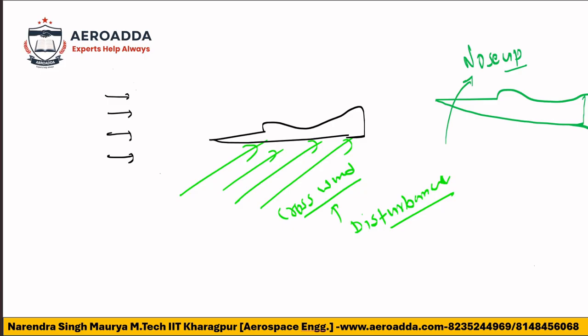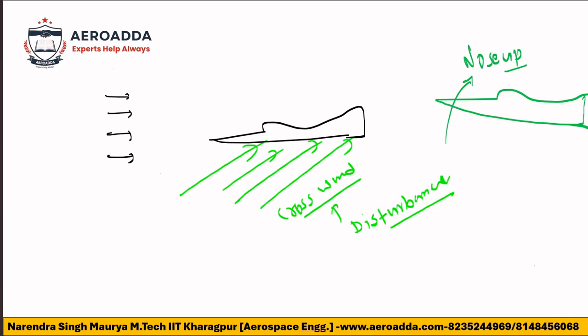So initially the aircraft should have an initial tendency to get back to its original condition. That will be the static stability. But once the aircraft is coming to its original condition, directly it will not come, right? It's not a solid body, it's a floating object.